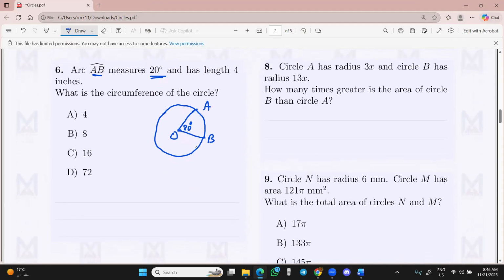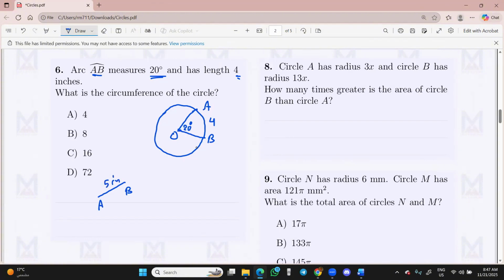So when I say the measure of the angle is equal to 20 degrees, this should be written inside, not outside. And then the length of 4. So here we write 4. And be careful, because the arc has two things, let's say two labels. The 4 is the length and the 20 is the measure. So the arc, you know that a line segment, for example AB, has a length of 5 inches, for example.